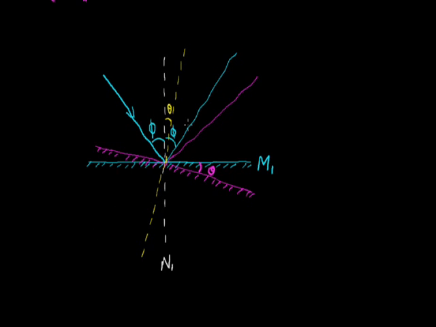This is the new reflected ray, and it will be at an angle theta plus phi from the new normal. Suppose the initial normal was N1, and after rotating the mirror the normal is N2. So because now the angle between the incident ray and this N2 is theta plus phi, according to the laws of reflection, the angle between this N2 and the reflected ray will be theta plus phi.